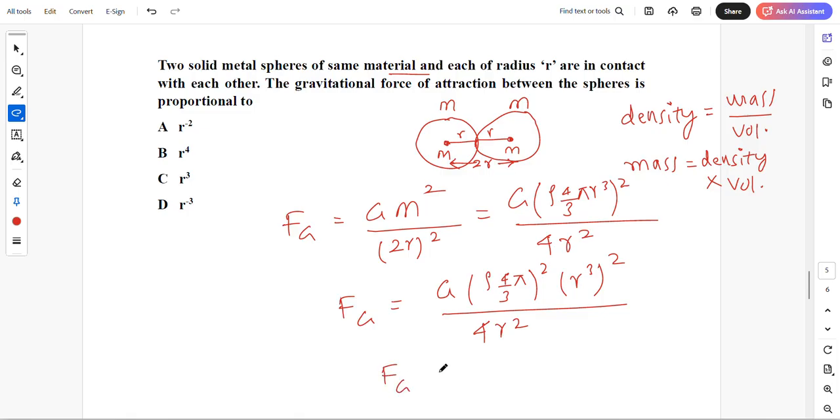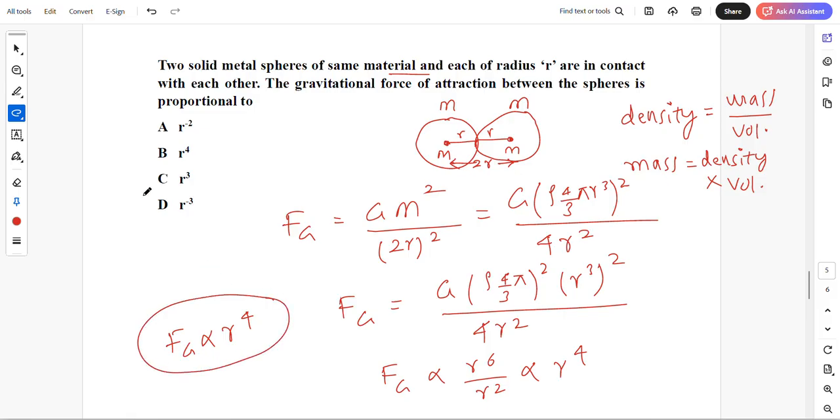So the gravitational force will be proportional to r to the power of 6 divided by r to the power of 2, that is proportional to r to the power of 6 minus 2, which is 4. Fg is proportional to r to the power of 4, which is the right answer.